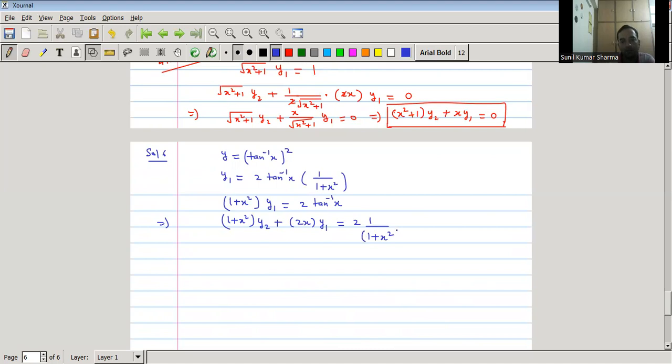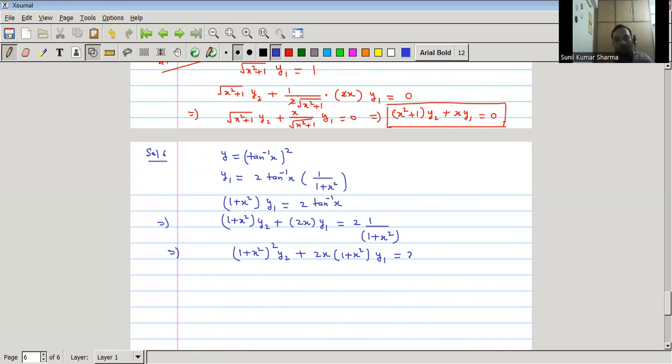So again cross multiply by 1 plus x square, we get (1 plus x square) whole square y2 plus 2x (1 plus x square) y1 that is equal to 2.